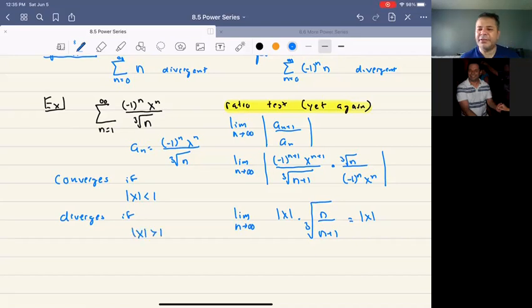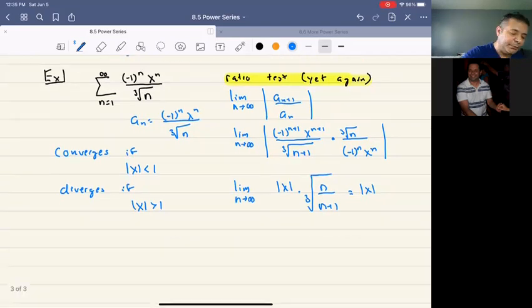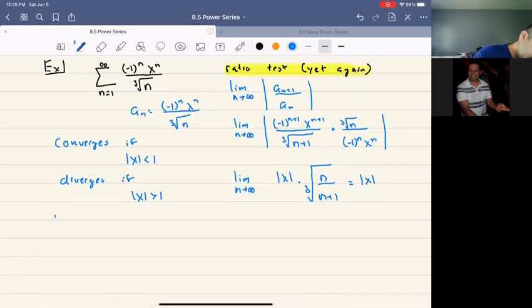Okay, let's see what happens at positive 1 and negative 1. If x equals positive 1, we get the sum, n goes from 1 to infinity, of negative 1 to the n over the cube root of n. This is an alternating series, right?